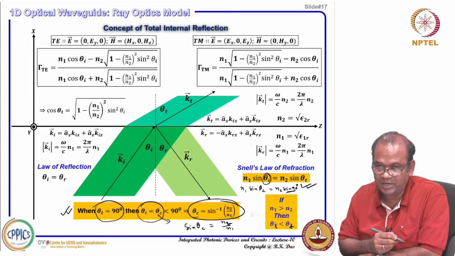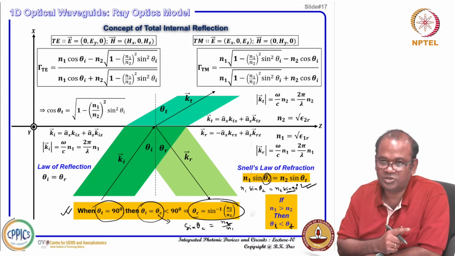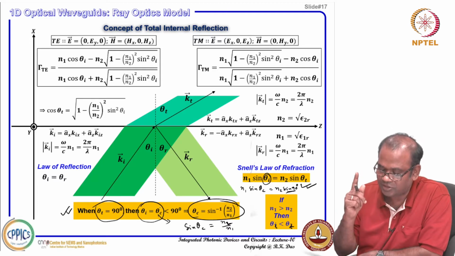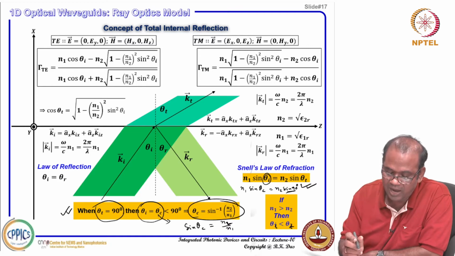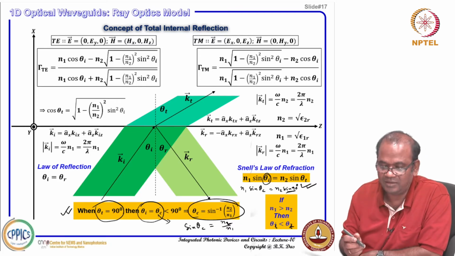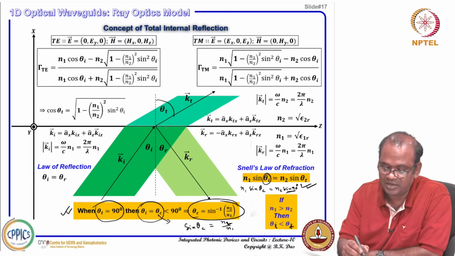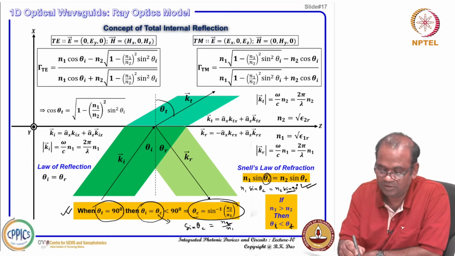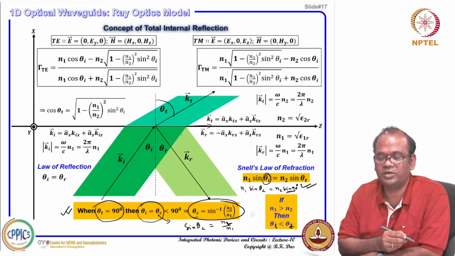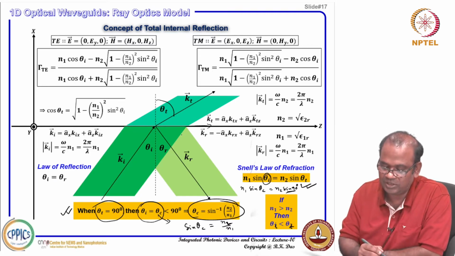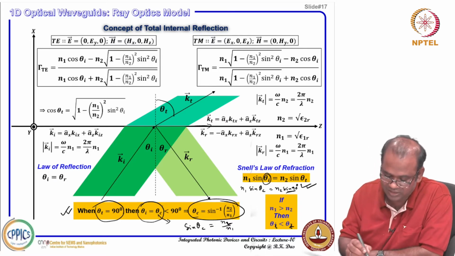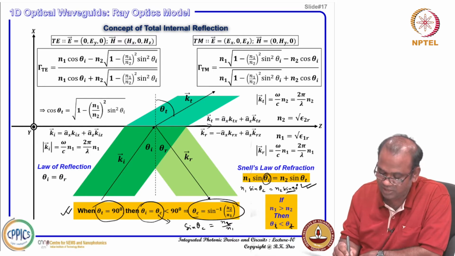So the critical angle is the angle of incidence corresponding to a refracted angle of 90 degree according to Snell's law. So according to Snell's law, if you consider your refracted angle theta t to be exactly 90 degree, that means your refracted wave must graze along the interface in this direction. For that particular situation to happen, you should have the incident angle theta I equal to theta c equal to sin inverse n2 by n1.